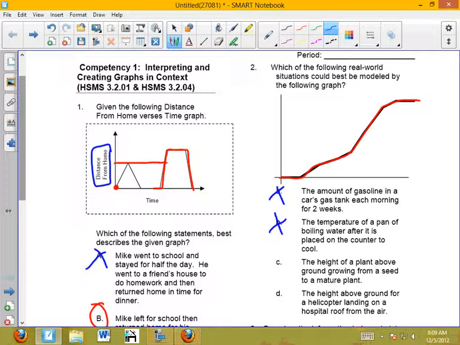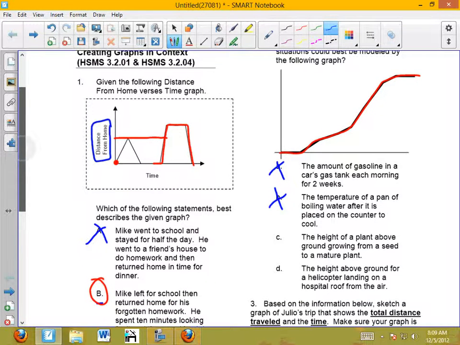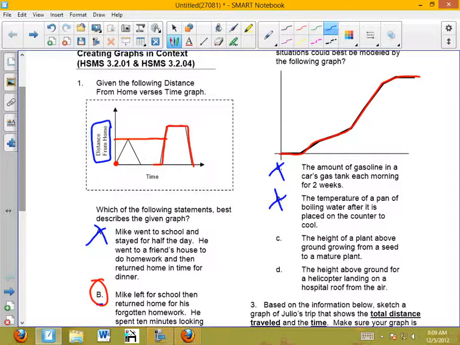So that's not right. The height of a plant above ground growing from a seed to a mature plant, maybe, but let's read the last one. The height above ground for a helicopter landing on a hospital roof from the air.